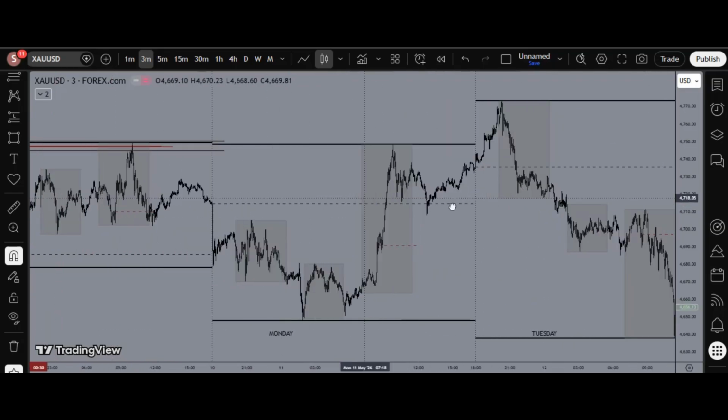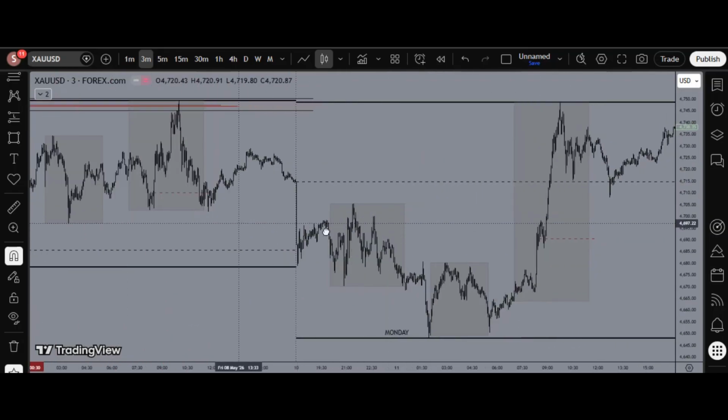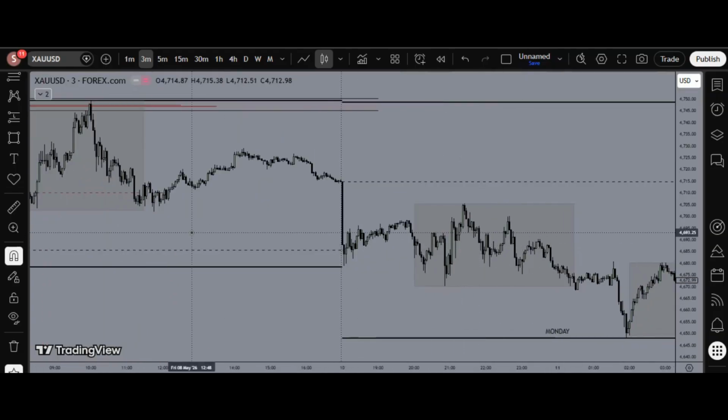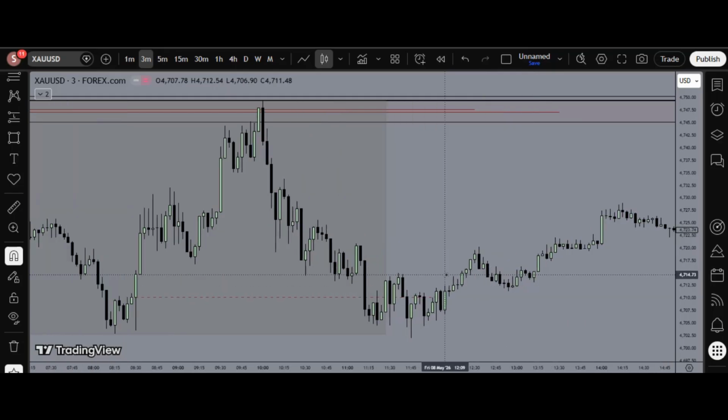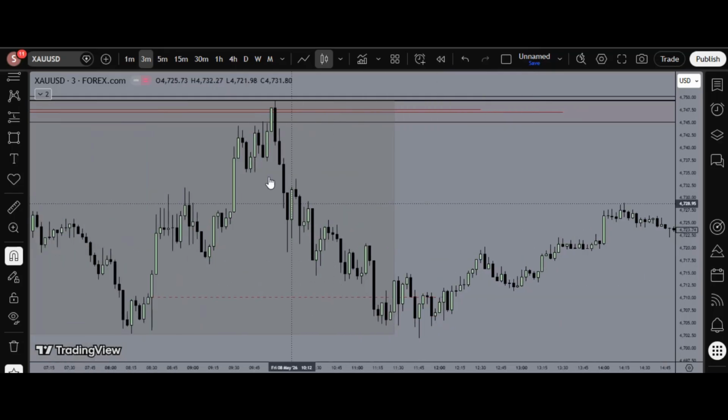All right, so look at this, guys. During New York, price above the 8:30 opening price. What did you see? Breaker, change in state.